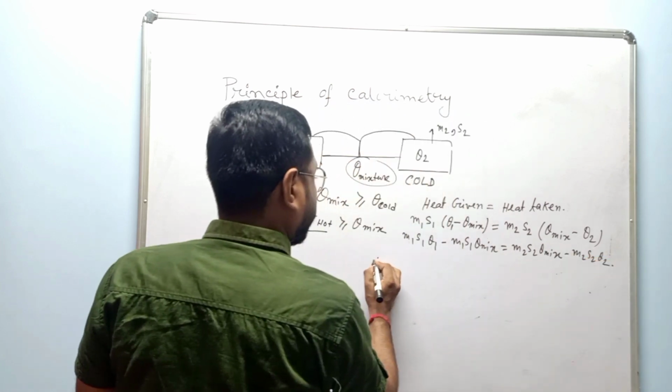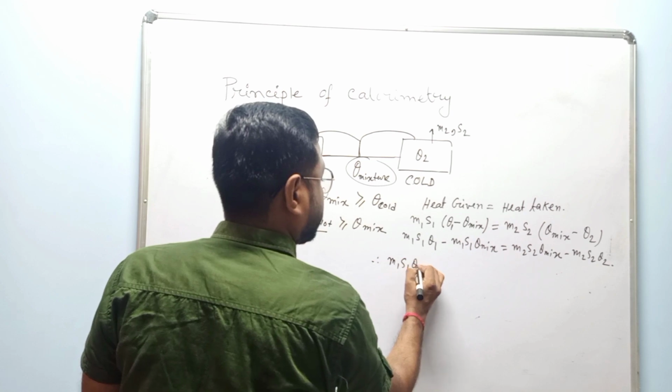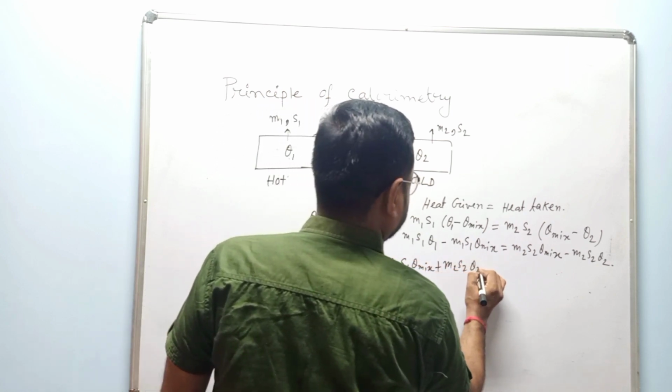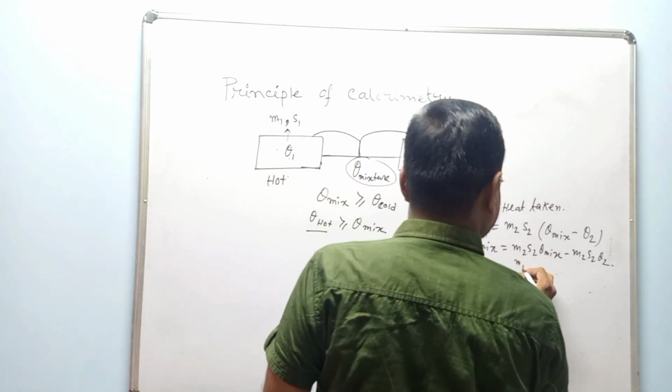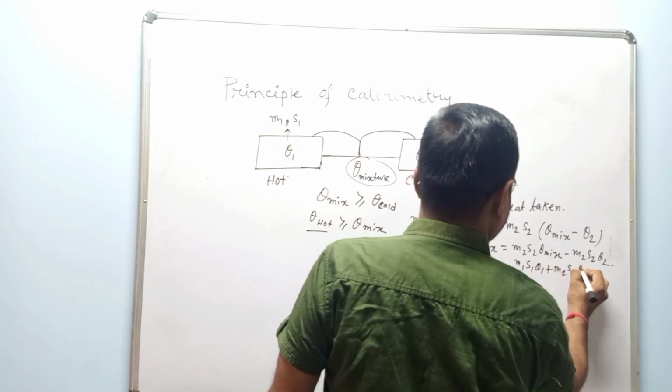So m1 s1 theta mix plus m2 s2 theta mix equals m1 s1 theta 1 plus m2 s2 theta 2.